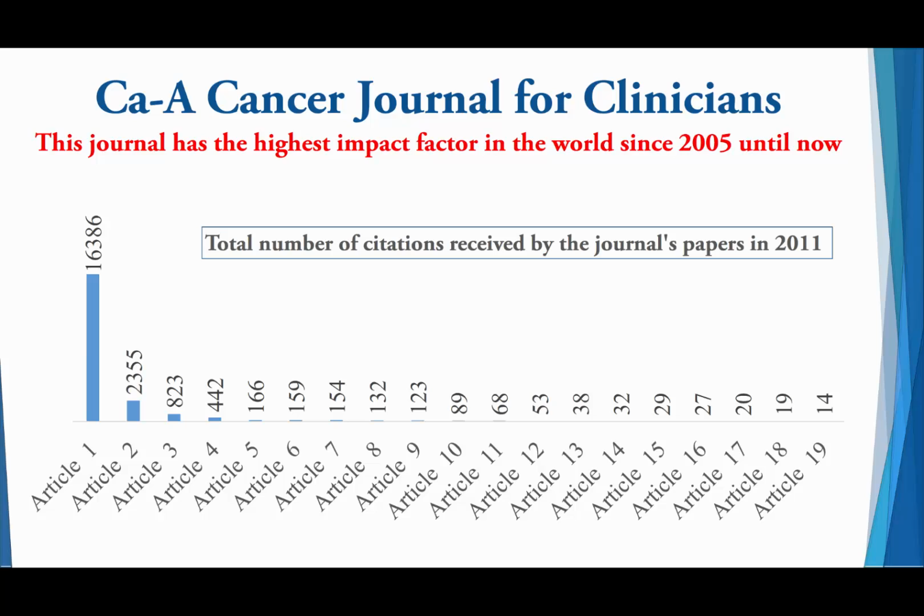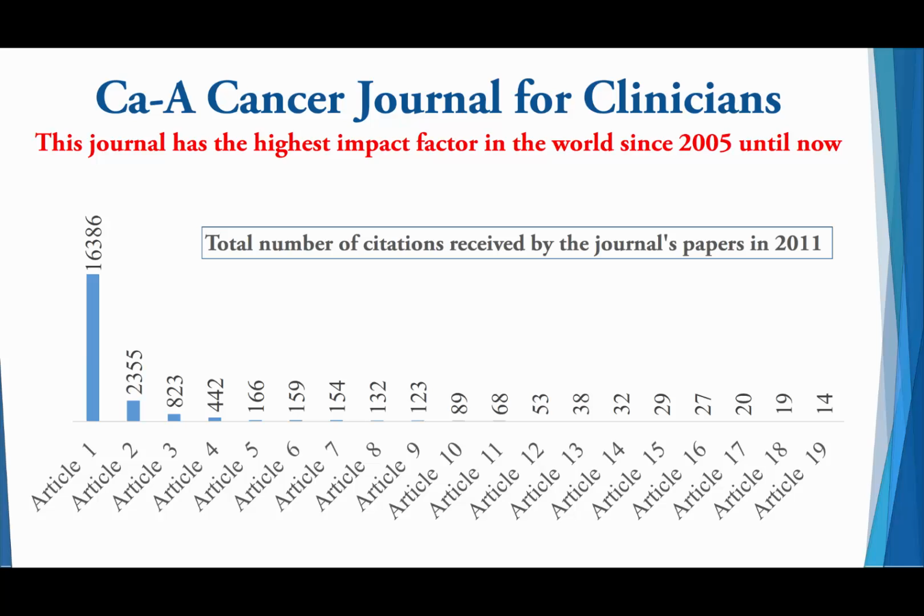A Cancer Journal for Clinicians has the highest impact factor during 2005 to 2015, according to the JCR. As you can see, this journal published about 19 citable documents in 2011. The two most cited papers in 2011 received about 89% of the journal's citations.